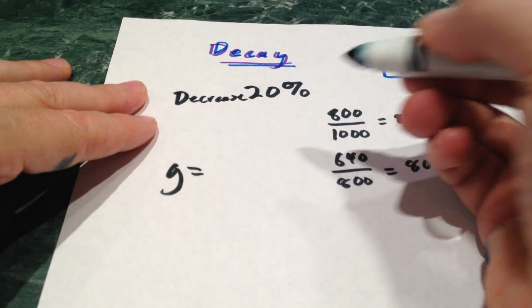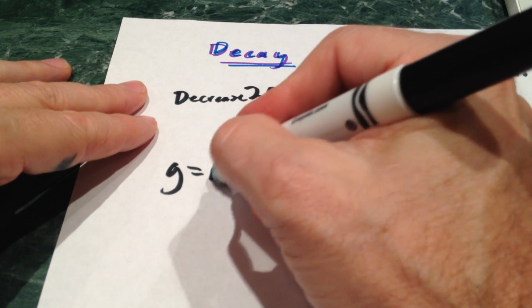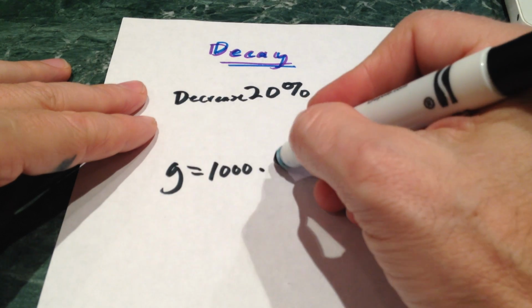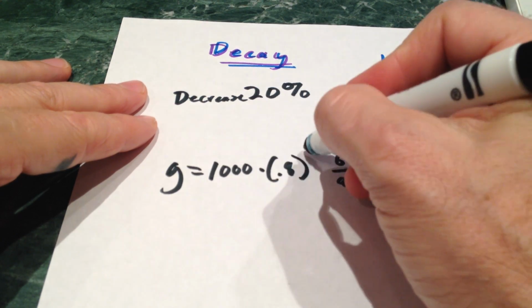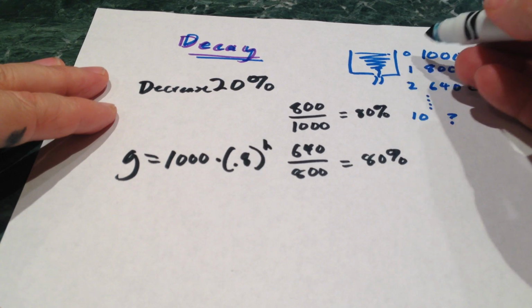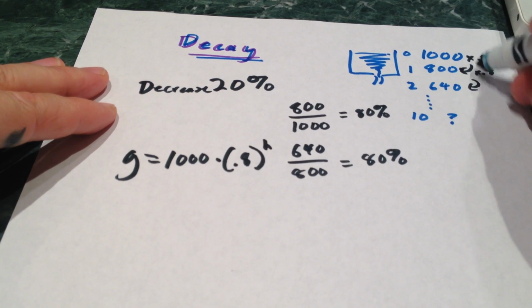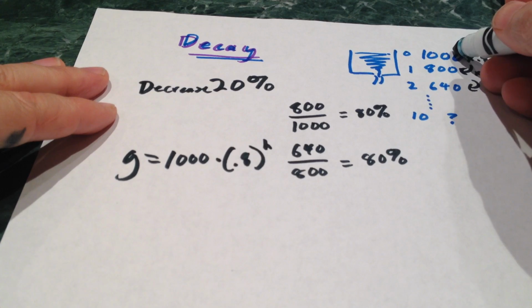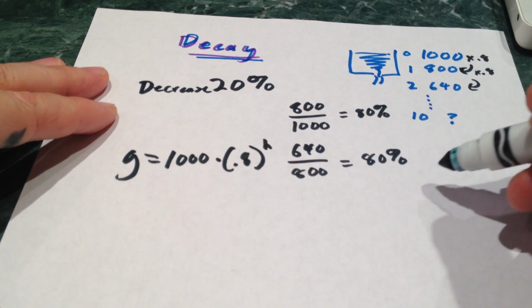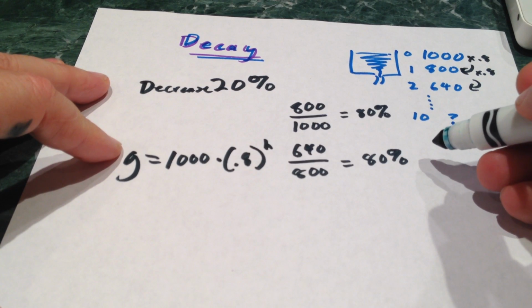The gallons is equal to the original amount, which is 1,000, and it's going to be times 0.8 for every hour. And I don't know if I actually explained that very well, but basically every hour I get 80% of the previous amount, and I started with 1,000 gallons. So that would be another example, and there would be the formula for that.